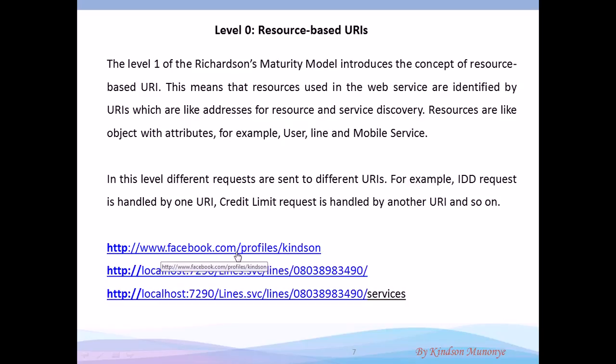That's me. So it represents the path to the profile for this user. The same goes here: lines, the details for this line, services for this line, mobile services for a particular line. So if your web service conforms to this, that is, if you have resource-based URIs defined, you are at level 1 of the Richardson's maturity model.